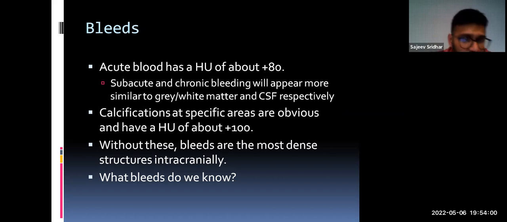As I mentioned before, you should not confuse acute blood that is clotting with calcifications. Calcifications can be found in several parts of the brain: calcification of the caudate, of the choroid plexus, of the pineal gland, and so on.